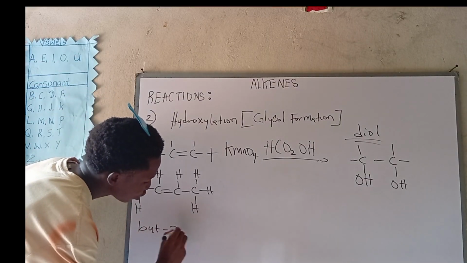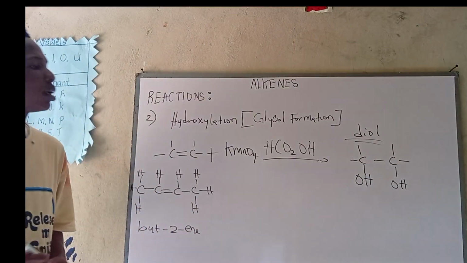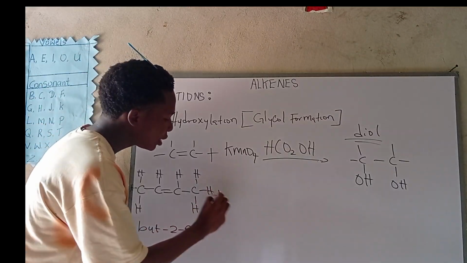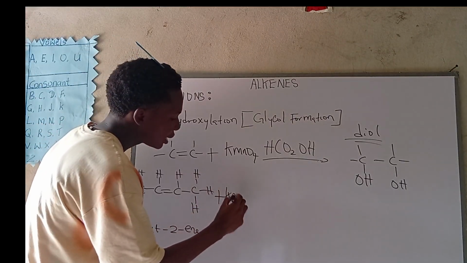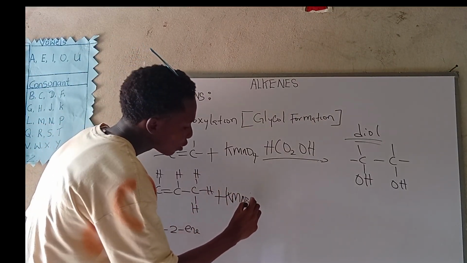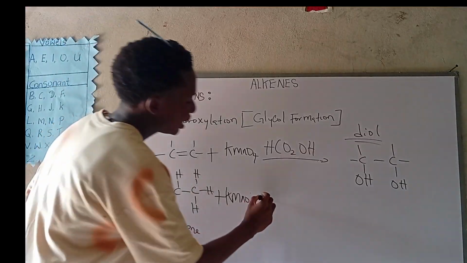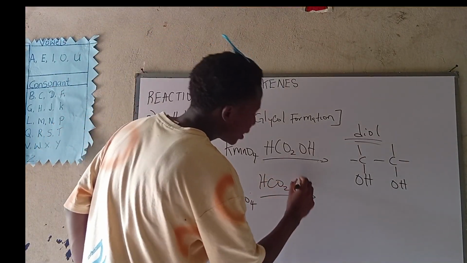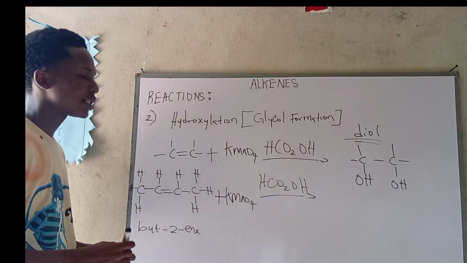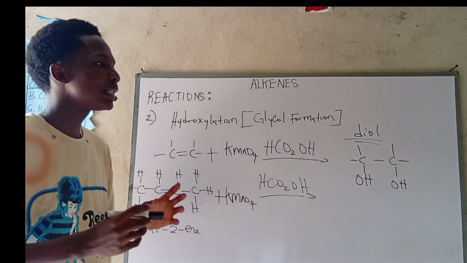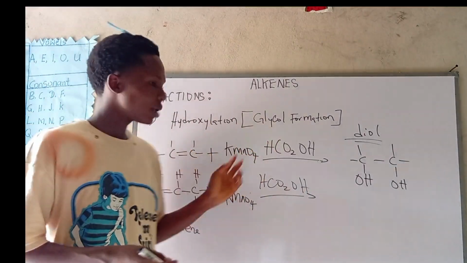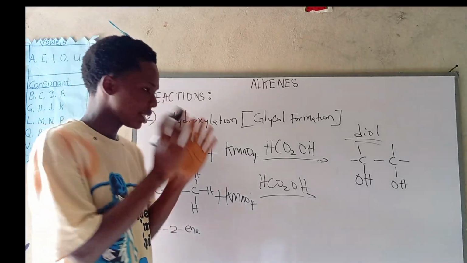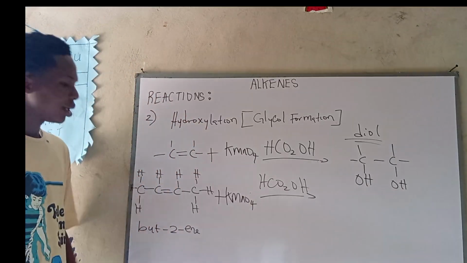So this being but-2-ene, let's write it. But-2-ene reacting with our permanganate, KMnO4, in the presence of performic acid. What is it going to give us? It's obviously going to give us a diol. So how is this going to be? It's very simple.